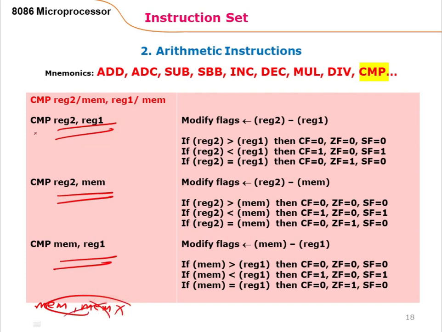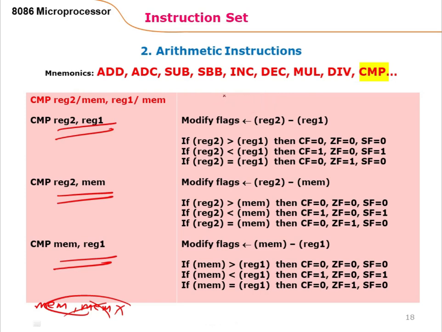So what happens when we use this compare instruction? The contents of these operands are compared. How are they compared?